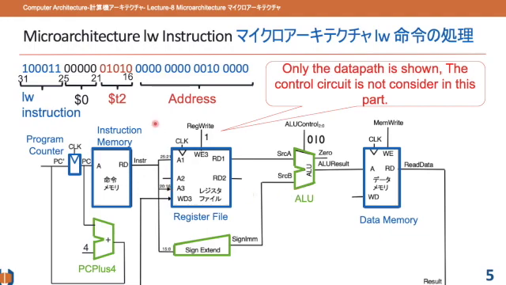The first thing to keep in mind is that we need to find the address from where we want to pick the data for a particular register, T2. The first thing you have to do: you have a register, here is register 0.